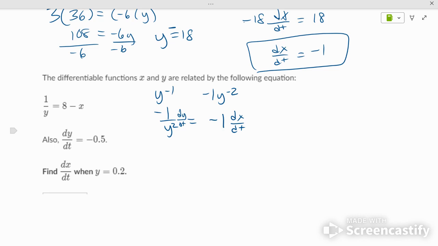Okay, so -1 over 0.2 squared times -0.5 equals -1 dx/dt, because that's what we're looking for. So if we solve this, we get 0.5 over 0.04, right?